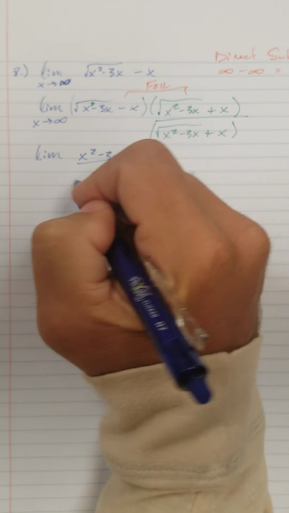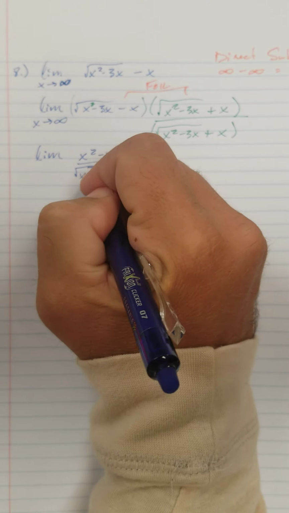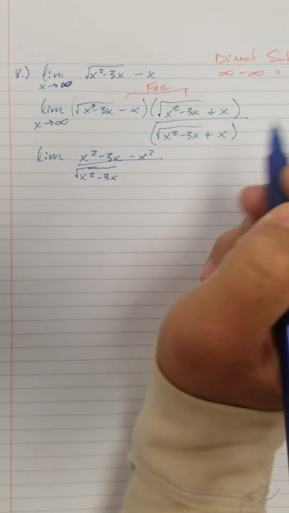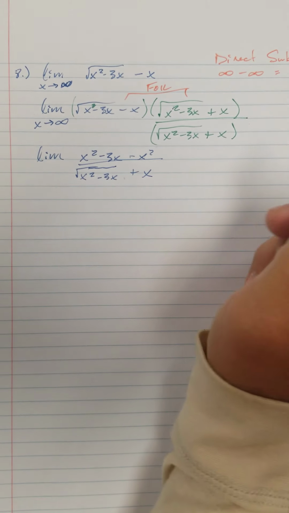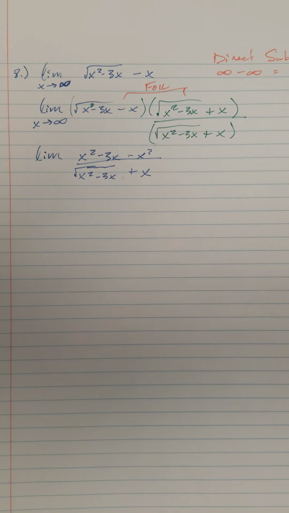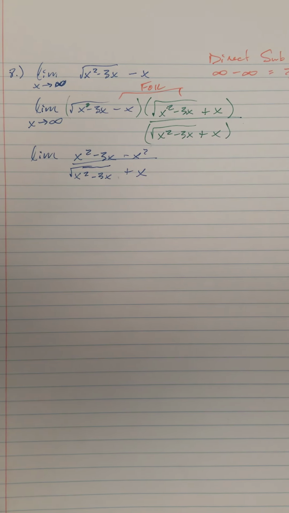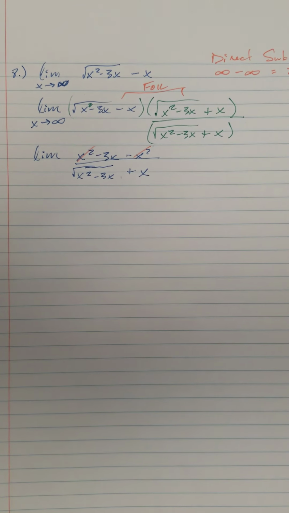And then all of that is over x squared minus the square root of x squared minus 3x with a plus x on the bottom. Okay, so we've got some x squares that'll cross out there.